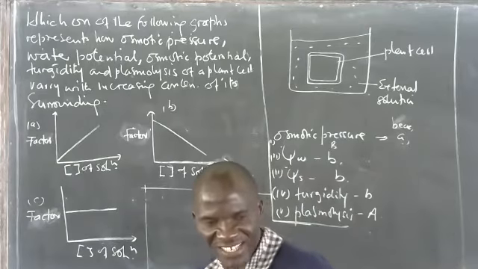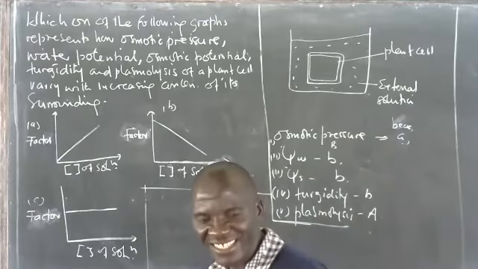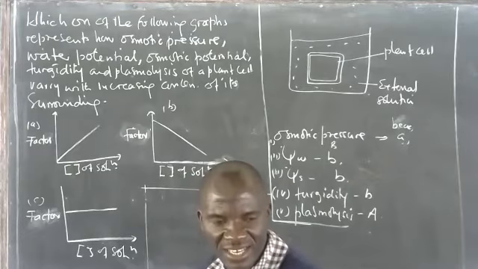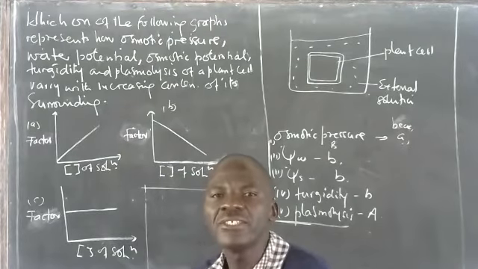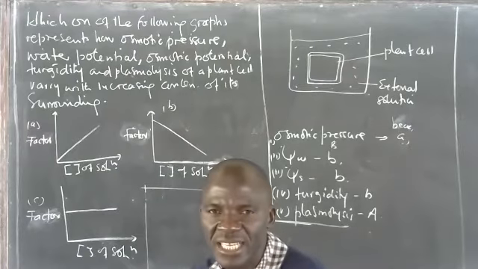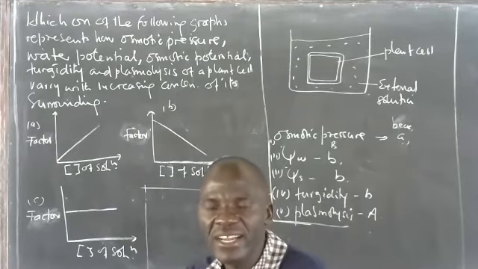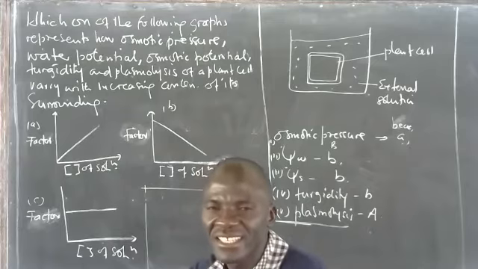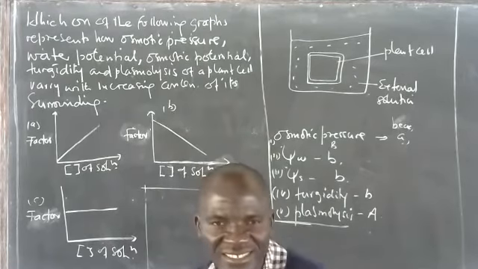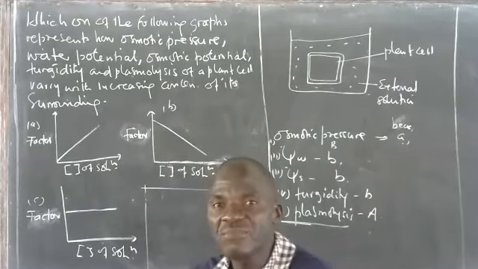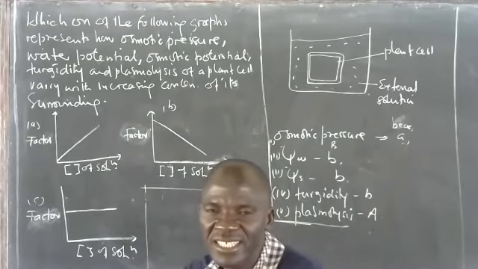I think she has explained perfectly that as a cell loses water, the vacuole becomes smaller, it shrinks. And as the vacuole becomes smaller, even the membrane can start pulling away from the wall.